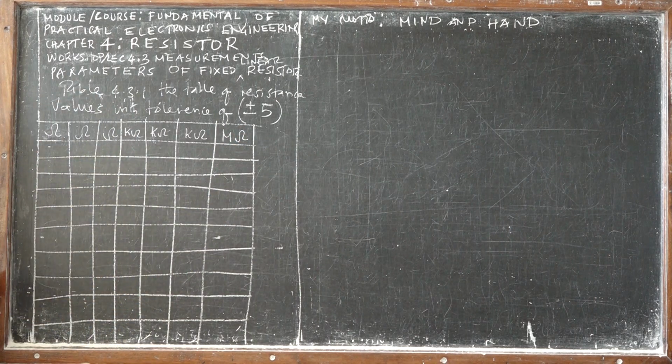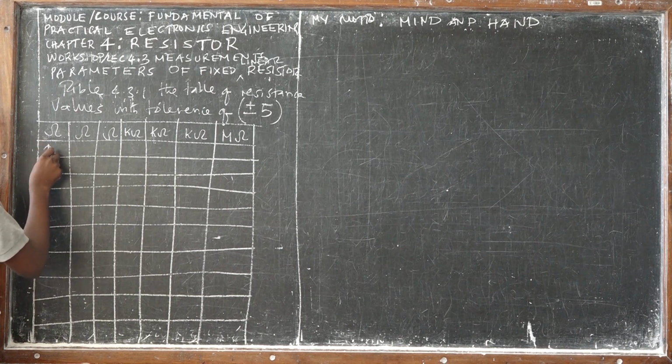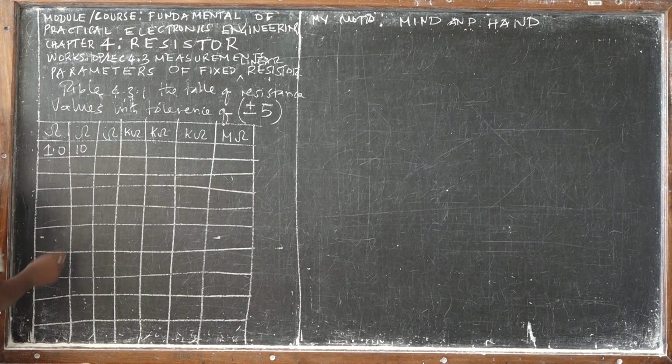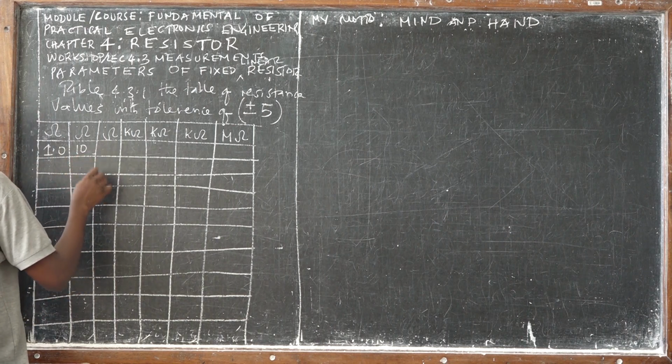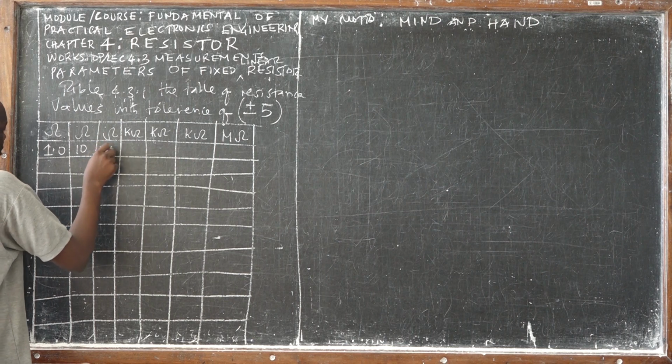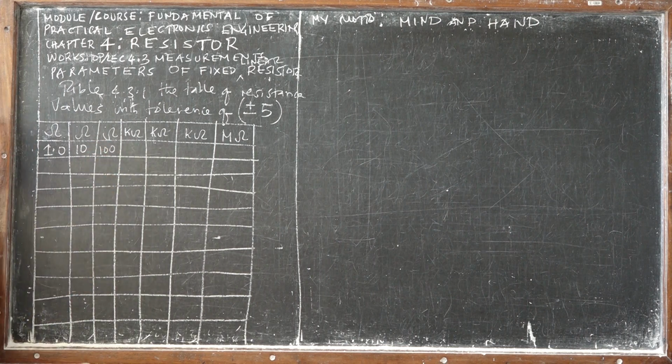So look, we start with a resistance of 1.20. Here you're going to have 10. Or just 10 itself. Here you're going to have 100. You forgot the principle. This is 1 ohm. The next is what?